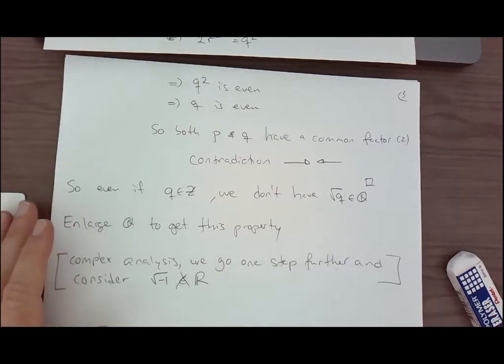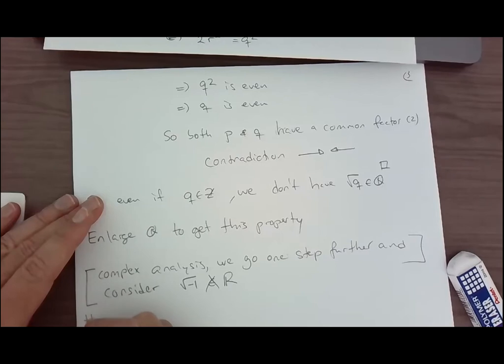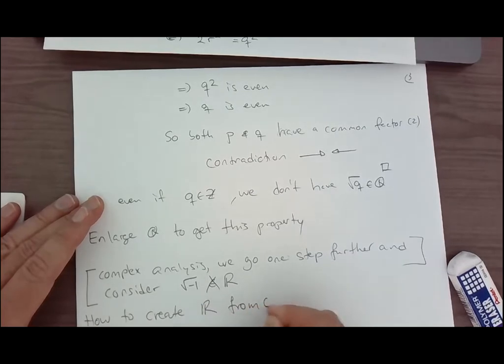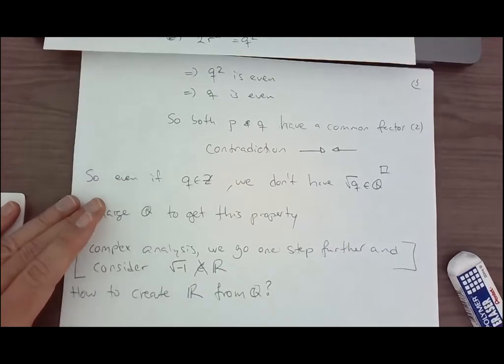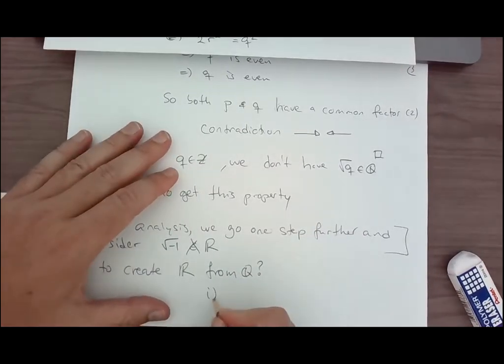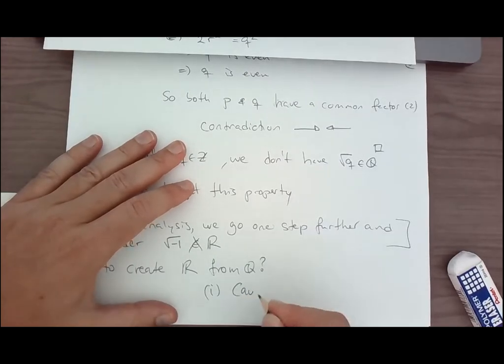So how do you create R from Q? There are two standard ways of doing this. The first way is using something called Cauchy sequences.